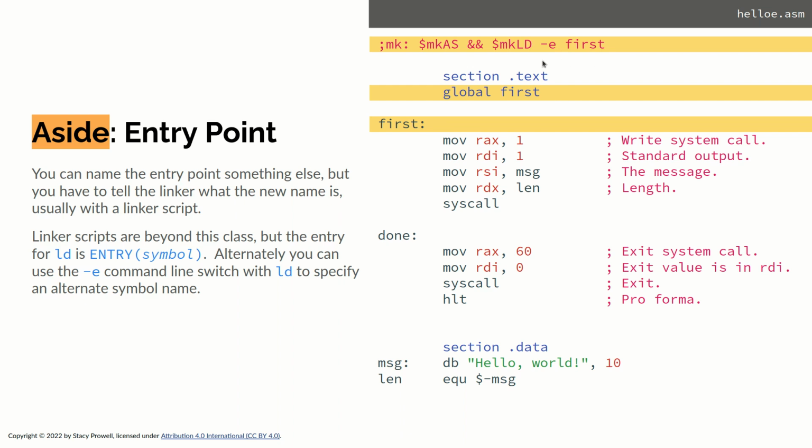The common way to do this in cases where you actually want to enshrine this kind of linker foolishness is to write a linker script. Now, I'm not going to talk about linker scripts because that's way beyond the scope of this class. But if you are one of those people that just has to know, in an LD linker script, you would specify it this way.